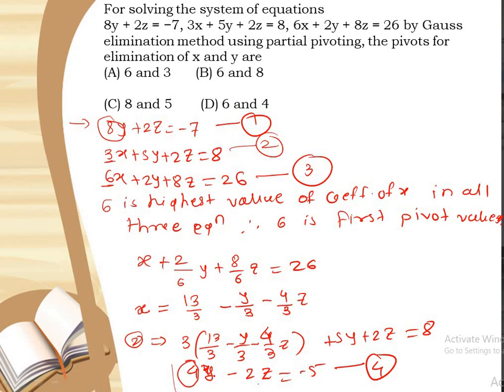So the second pivot element is 8. The first pivot element is 6, the second pivot element is 8. So our answer is option B, 6 and 8. Okay, are you getting my point?